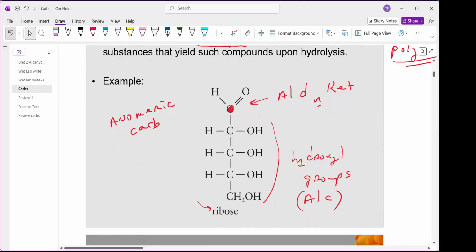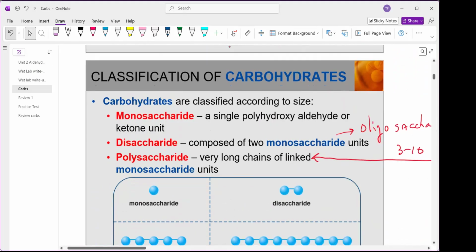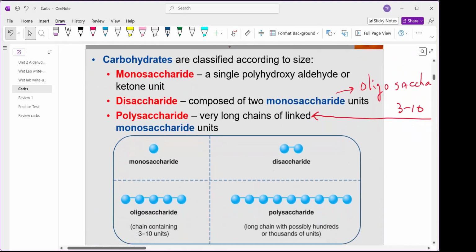Now, carbs can be little bitty things or huge things, and everything in between. Now, there are four groups: monosaccharides, disaccharides, oligosaccharides, and polysaccharides. You're going to be learning structures for each one of those, 2 or 3 for each one.